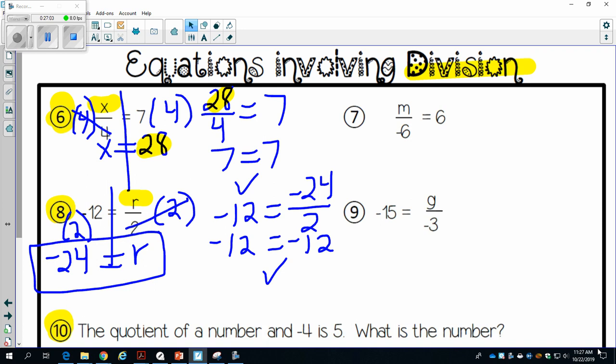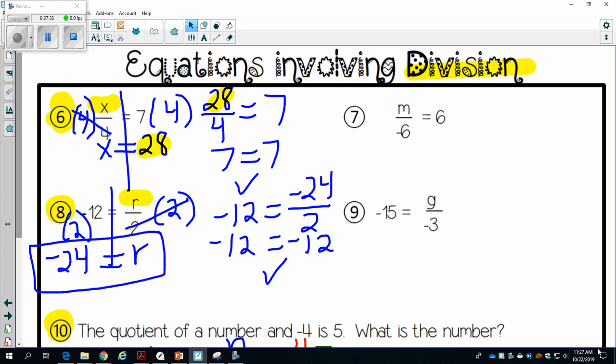Now let's look at the last problem. This time we are taking the quotient of a number and negative 4 is 5. You guys remember, quotient means to divide. So we're dividing a number. We don't know what the number is, so we're going to use a variable. We know we're dividing it by negative 4. So I'm just translating right here.